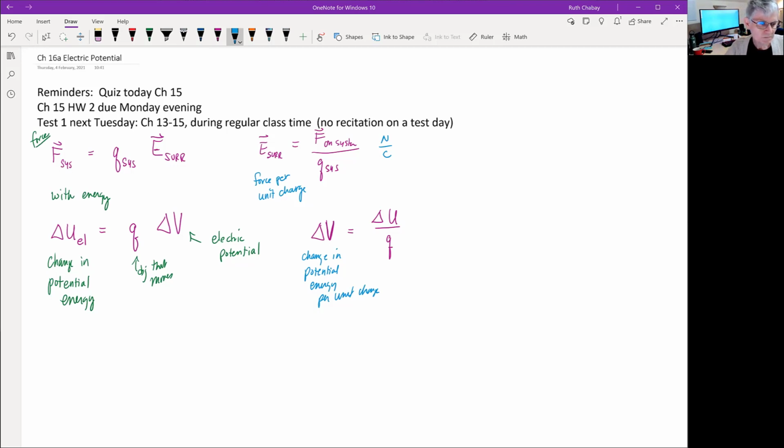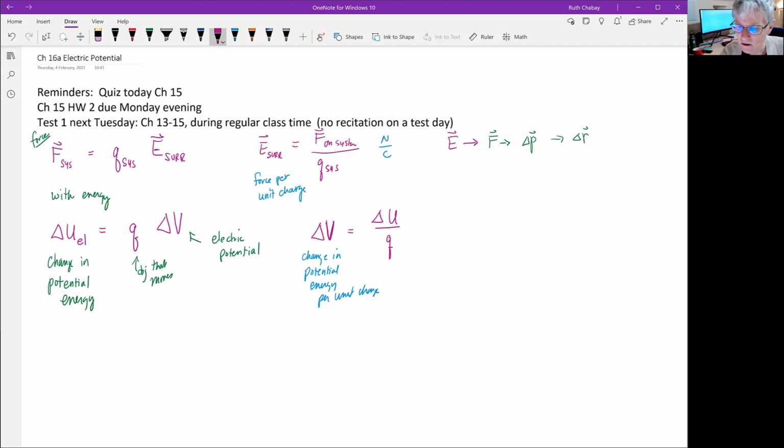Now remember that when we talked about forces, we were talking about predicting detailed motion. Force led to a change in momentum, which led to a change in position, that kind of argument. And what we added this semester was the idea that if we knew an electric field, then we could get forces and momentum changes and position changes.